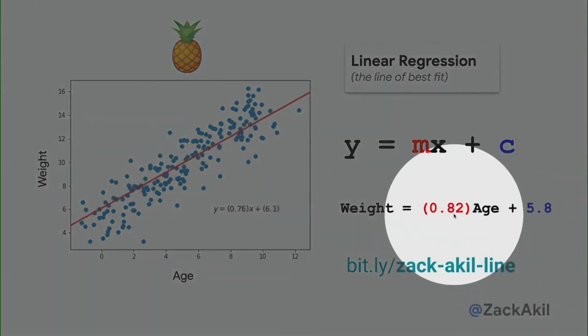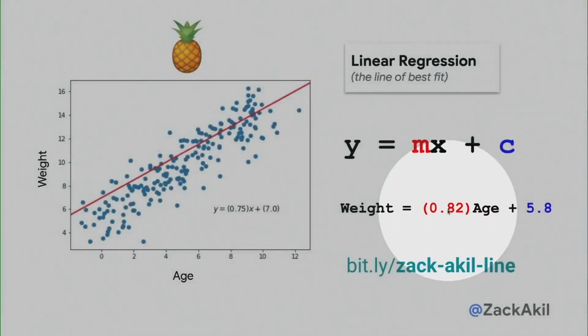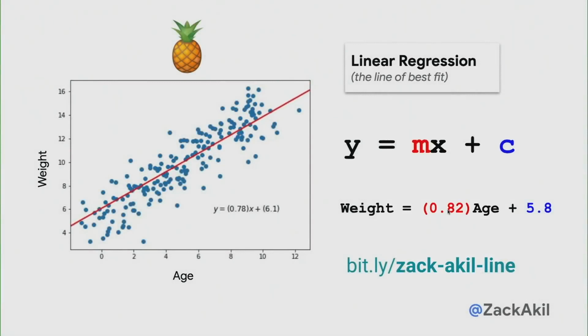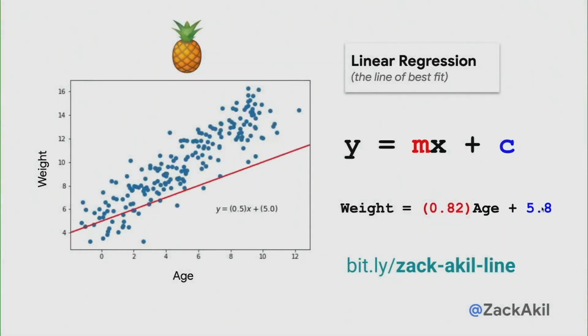Although we can make predictions using this line, just by looking at the coefficient that it's found, we can see that the weight goes up slightly slower than the age, and when the age is 0, the pineapple weighs 5, whatever it weighs, kilograms, magic pineapples. The idea is that it might come back later in the talk, who knows, but we might talk about how we can use the coefficients that I've learned for insight rather than just using a line to make predictions.